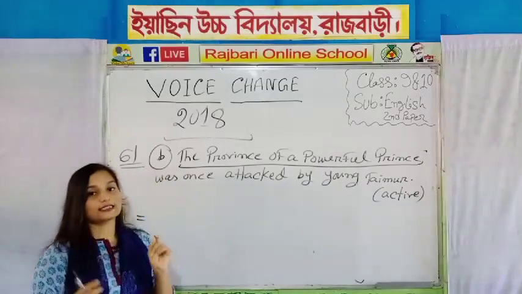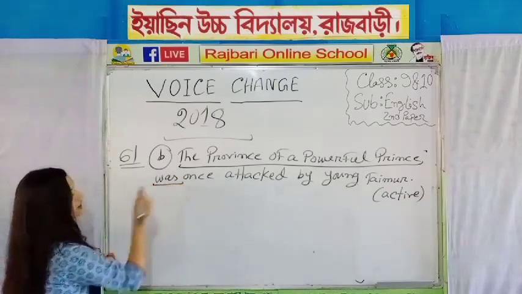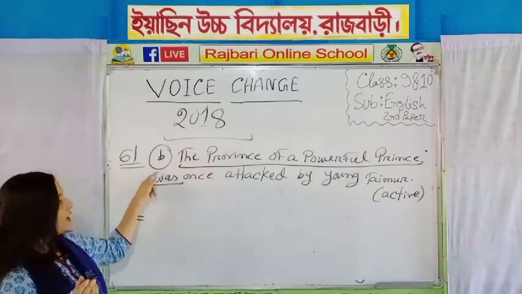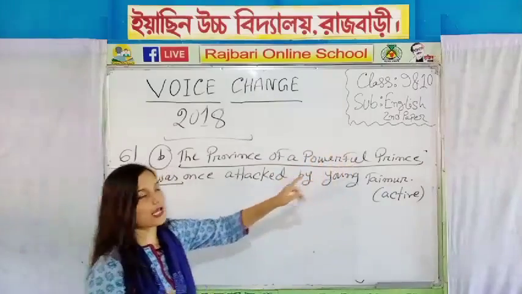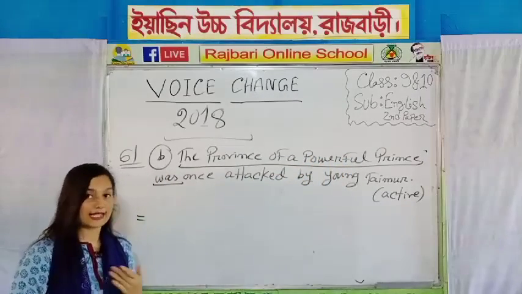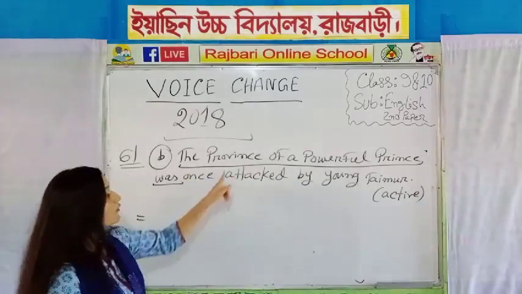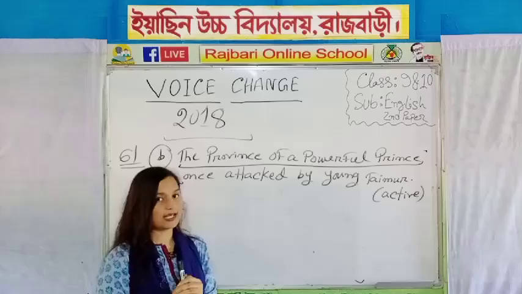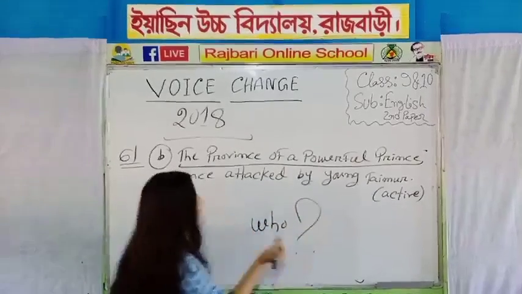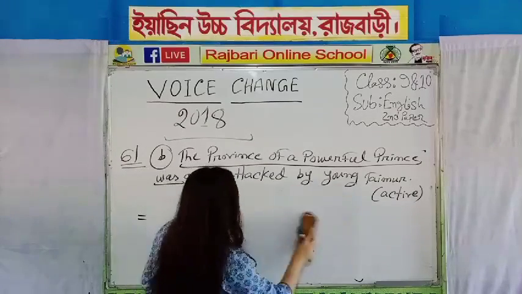Also the subject will be before the verb. Here the verb is was. So the whole part before the verb will be the subject. And if I ask the question who was attacked, the answer is the province of a powerful prince was attacked. See, I am getting the answer of the subject by the question who. So this whole part is the subject.